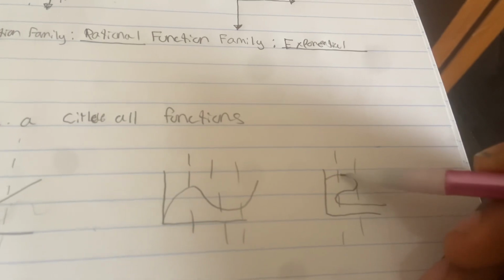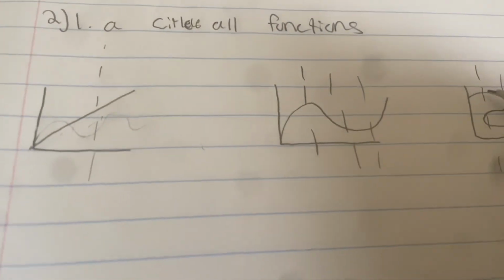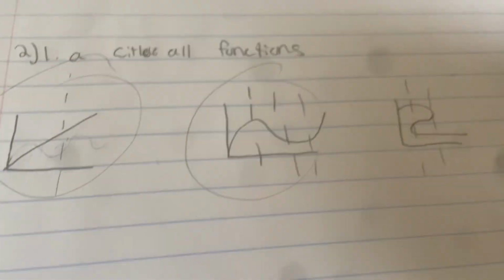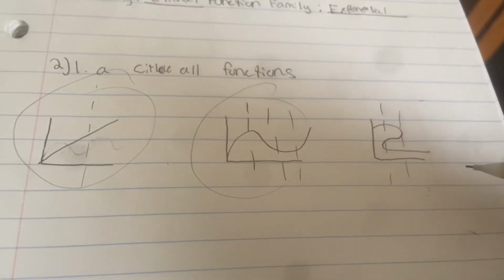But when you take a look at this one right here and do the vertical line test, you can see that it fails the vertical line test because it's passing through 2 or more points, and that should not happen. So when it says circle all functions, these two would be functions, and this one would not be a function.